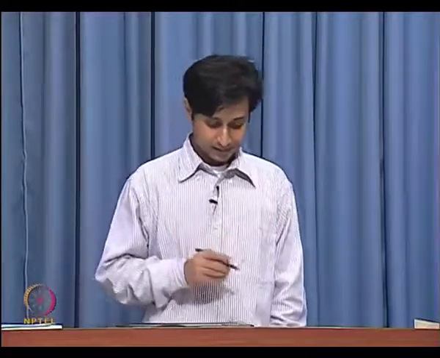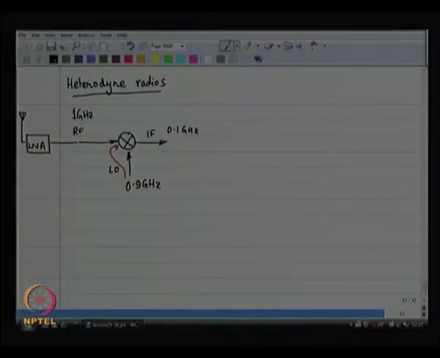is that not only will 1 gigahertz go to 0.1 gigahertz, if there is a blocker at 0.8 gigahertz, what is going to happen to that? The blocker at 0.8 gigahertz will also go to 0.1 gigahertz, right.